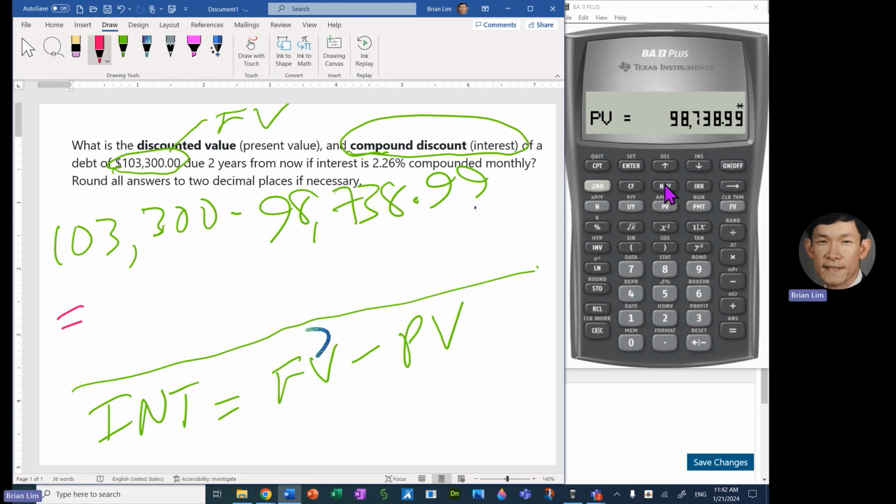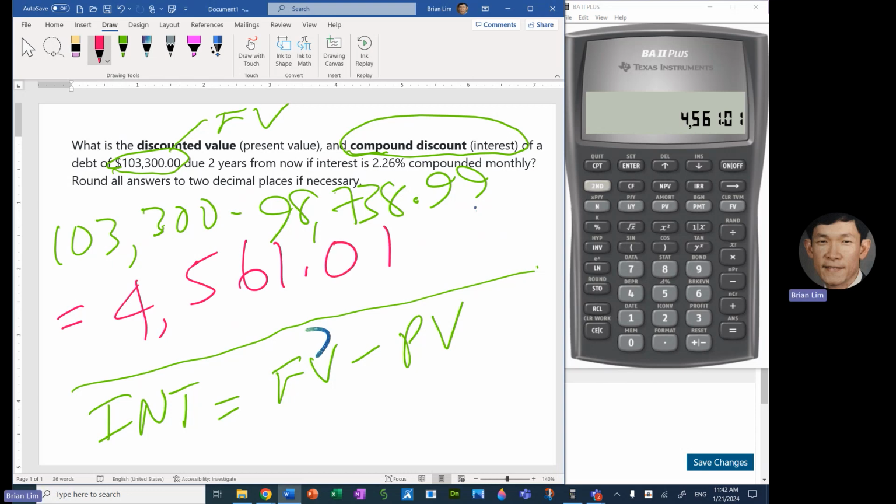Right, let's go. We have the present value there, so we can recall the future value, but we must make it positive by clicking on plus minus, and then we subtract and recall the present value, and there we have the interest. So the interest is $4,561.01.